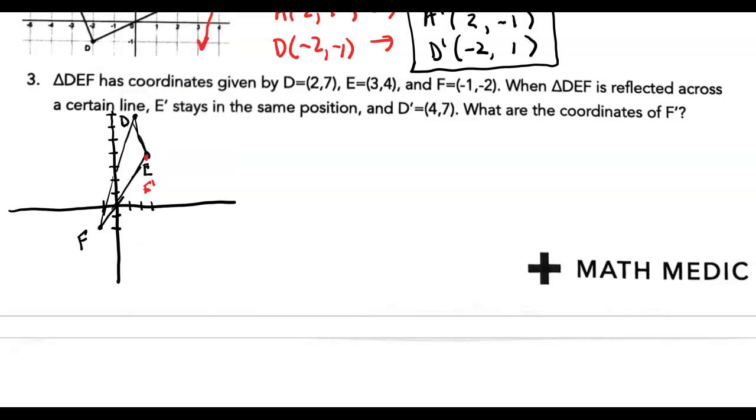So 4 and 7. So here's D. Let's change colors for that one. D prime is here. Okay, so we can see that D flipped over here.